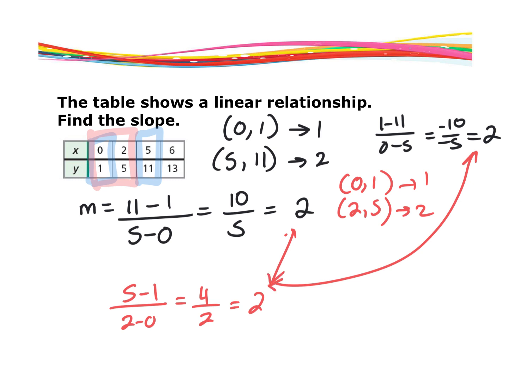That's exactly what we want. It's easier to do 5 minus 1 and 2 minus 0 than it is to do 11 minus 1 or 13 minus 5. The easier numbers you pick, the easier the problem will be for you. But if you choose the hard numbers, that's fine too. As you saw, we get the same exact thing.